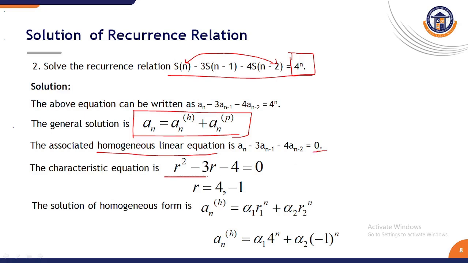The characteristic equation corresponding to the homogeneous linear equation is r square minus 3r minus 4 equal to 0. Therefore the solution for the homogeneous form is alpha 1 into r1 whole power n plus alpha 2 into r2 whole power n. Here r1 equal to 4 and r2 equal to minus 1.